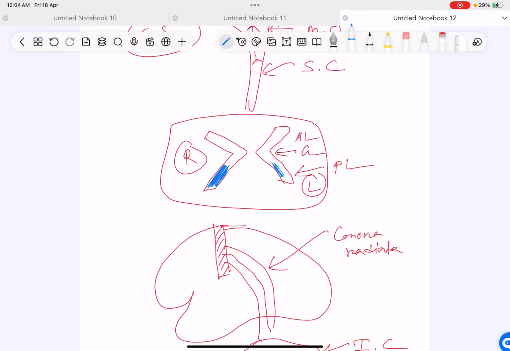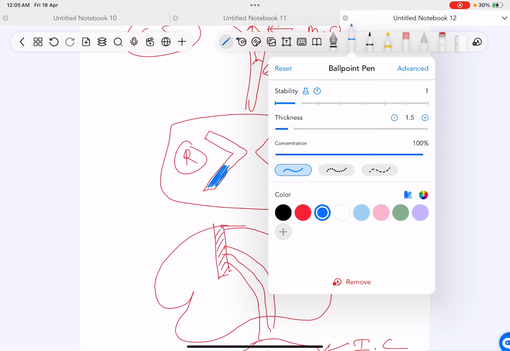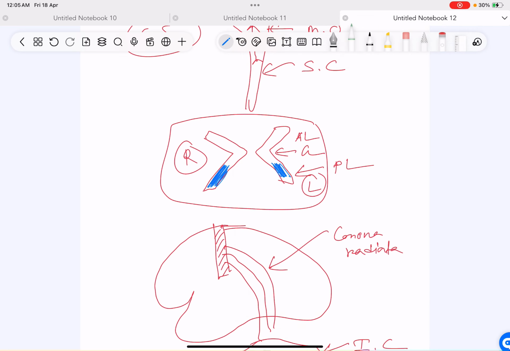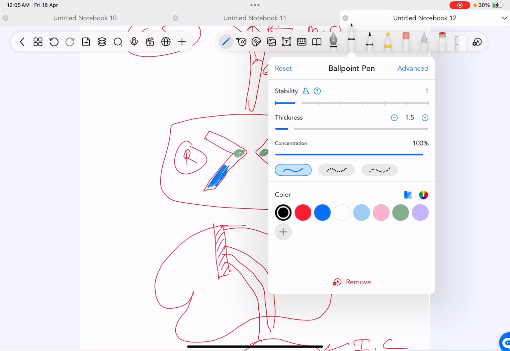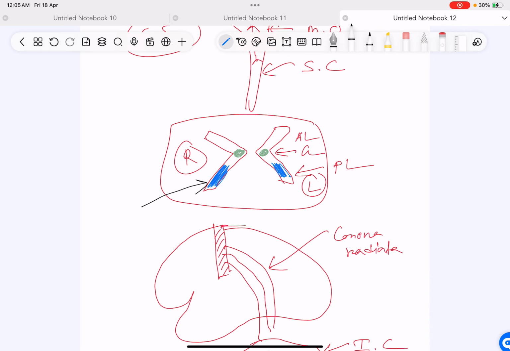From here, the fibers of the corticospinal tract go, but the fibers of the corticobulbar tract go through the genu of the internal capsule. So this one is for the posterior limb. We know that motor fibers go from the posterior limb, and sensory fibers go from the anterior limb.